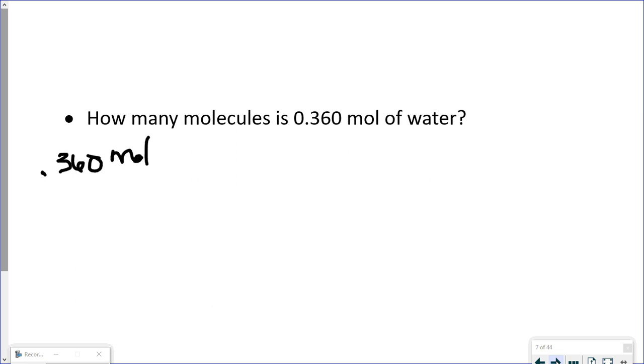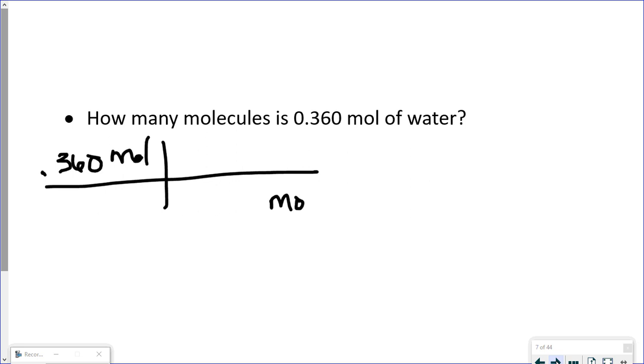Make sure that you abbreviate moles and molecules differently so you ensure that you've canceled out the correct units. So we're looking for molecules, so we no longer need moles. Since it's on top, that unit needs to move to the bottom so it can cancel out.